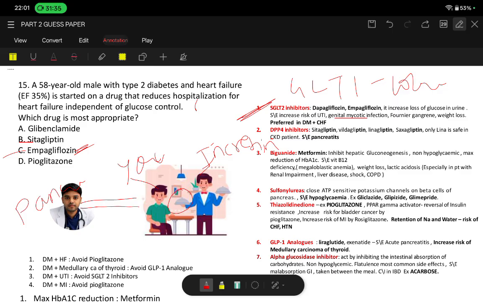If you want more food, the waiter will tell the kitchen to cook more. Like this, if you are going to eat more food, incretin will tell the pancreas, okay, this guy is eating more food today, so you have to release more insulin. Got it?